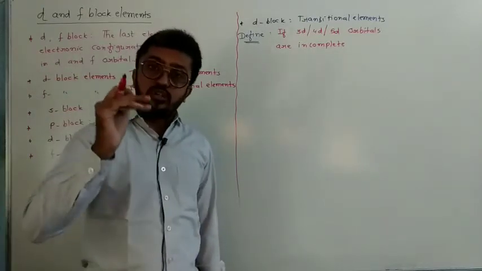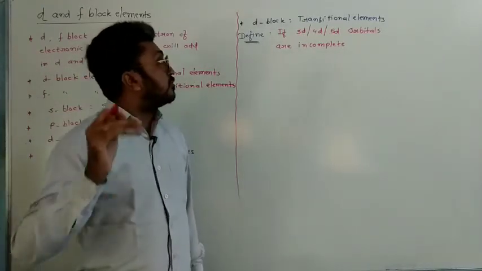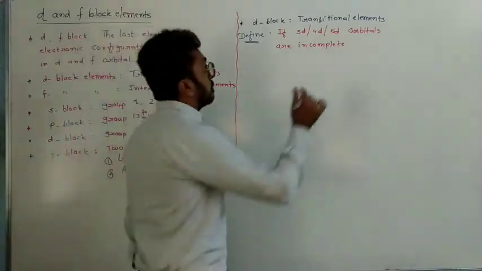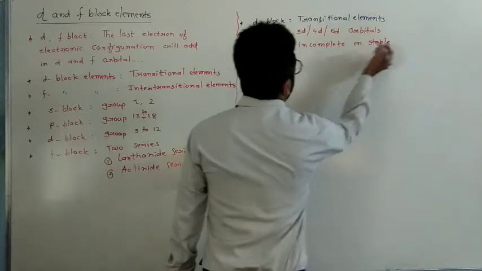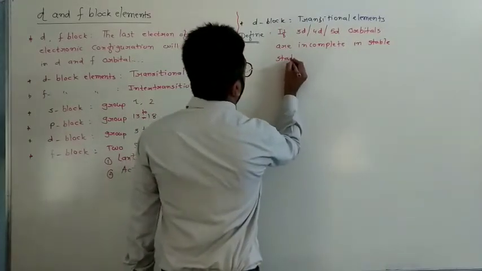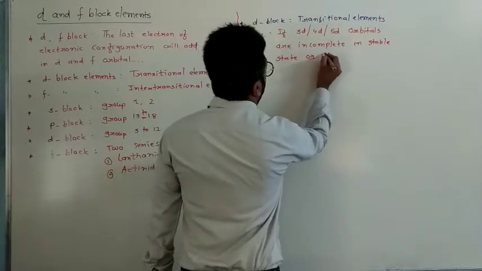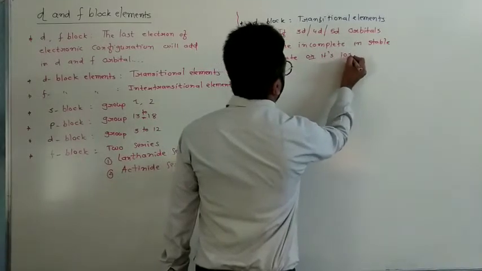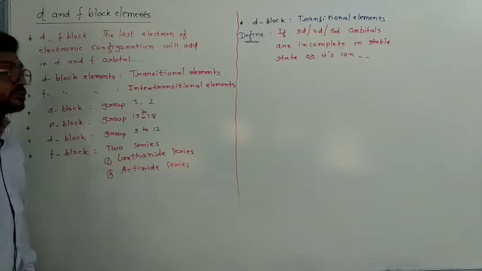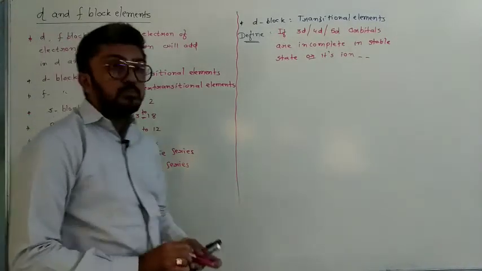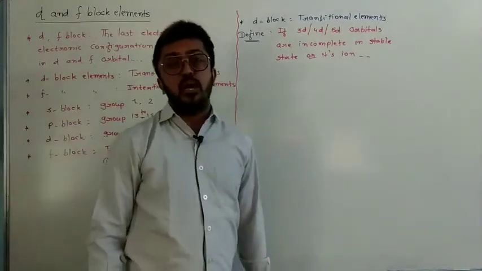If 3d, 4d or 5d orbitals are incomplete in stable state or its ion, then it is known as a transitional element. So this is very basic information about the definition.